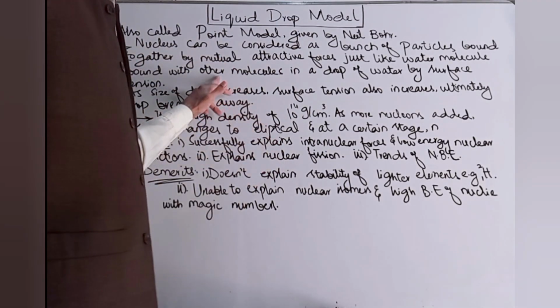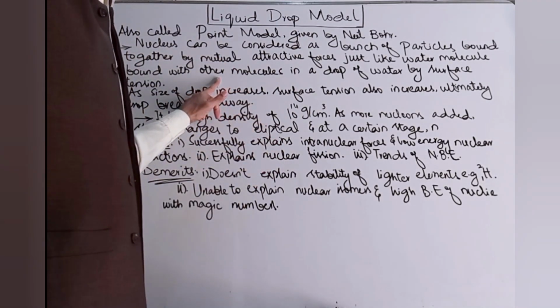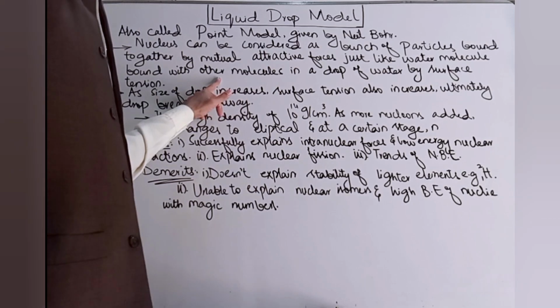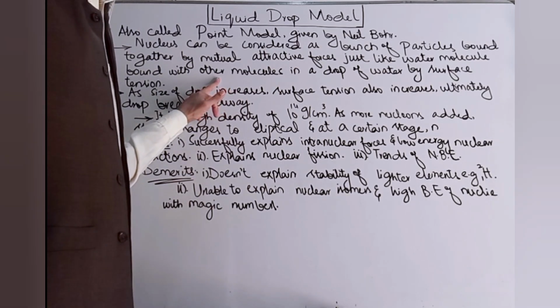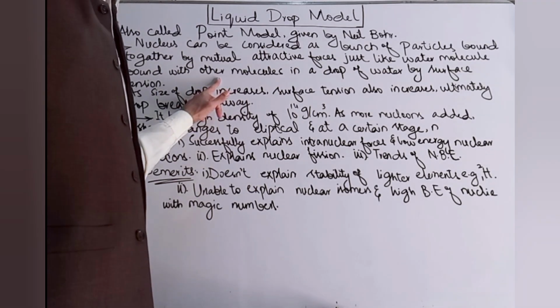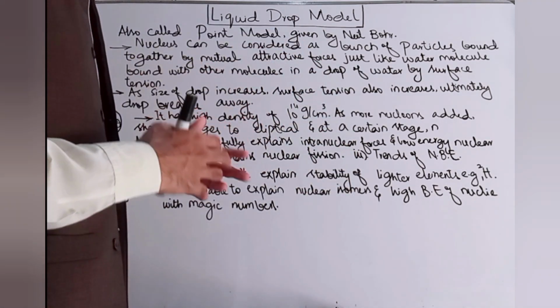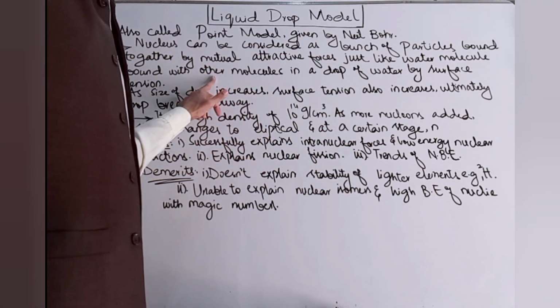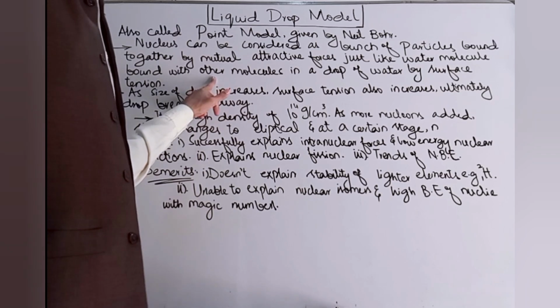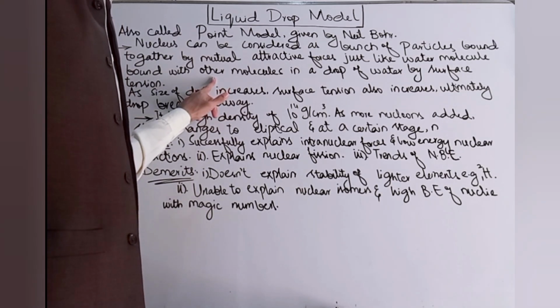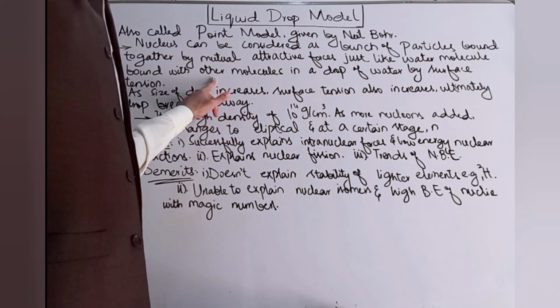In the same way, as a nucleus is composed of a large number of nucleons, these nucleons act just like the water molecules, and they are bound with each other through a large number of cohesive forces that keep the nucleons together within the nucleus.